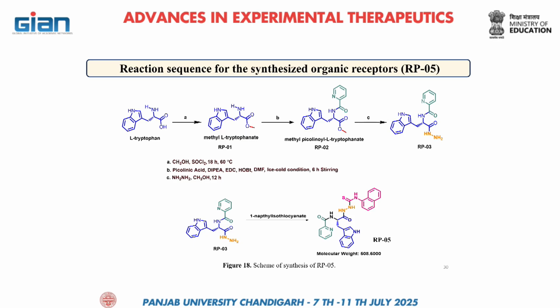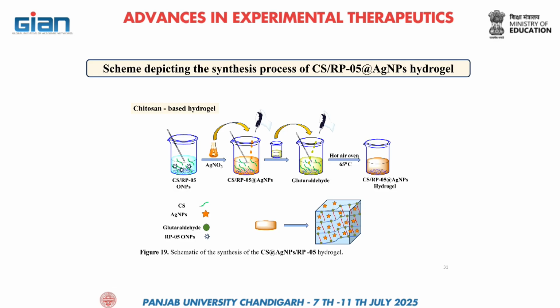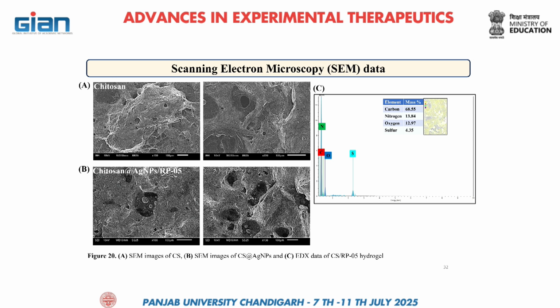So again we have taken another molecule, RP05, and in this molecule we have utilized silver nanoparticle and glutaraldehyde, that is a cross-linker, and we have generated some hydrogels, and you can see the shape of the hydrogel like that.